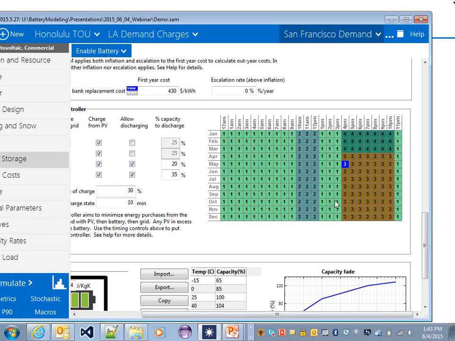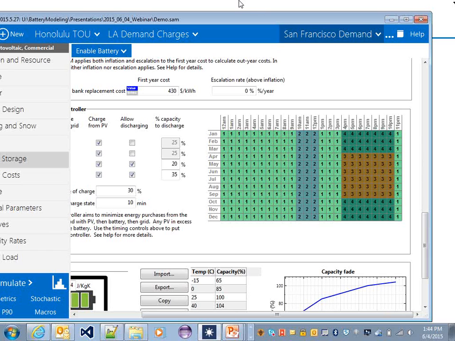Then maybe you'd have that in the fall as well. So you can get pretty detailed into both the hour of day and the month of year as to when you're going to dispatch. This allows you to build up a schedule for the whole year. I hope that answers your question.